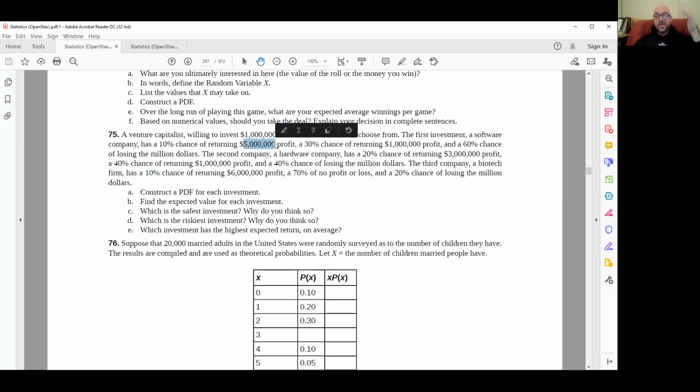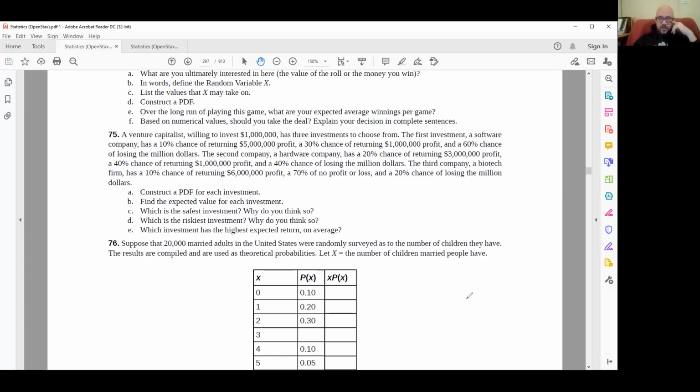So that means that we made $6 million back, and then minus the $1 million that we invested. The way they're phrasing this is essentially the same thing as a raffle. You've got 3 different raffles. A ticket costs $1 million. First one has a first prize of $5 million, a second prize of $1 million, and a third prize of nothing. That's essentially what we're doing here. So let's go ahead and make the PDFs.